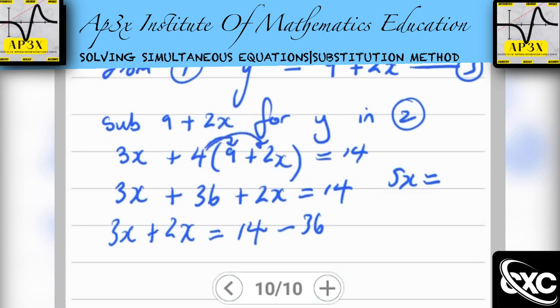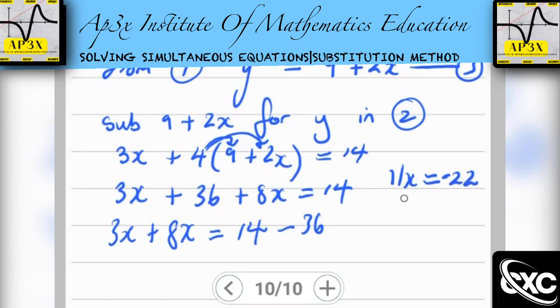So 4 times 2x is in fact 8x here. So therefore 3x plus 8x. Quickly catch myself there, guys. So 3x plus 8x is going to be equal to 11x, instead of 5x. And 14 take away 36 is going to give us negative 22.